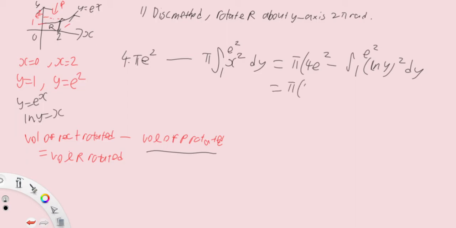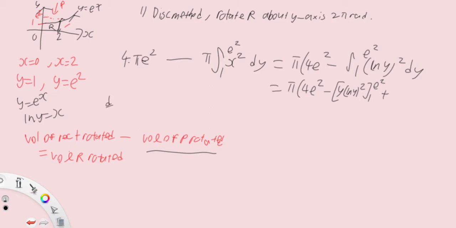Now we perform our integration by parts, because there's no clear way to integrate (ln y) squared directly. So we integrate 1 to get back y (ln y) squared, putting our limits 1 and e squared. Minus minus becomes plus, so plus sign. I differentiate (ln y) squared.